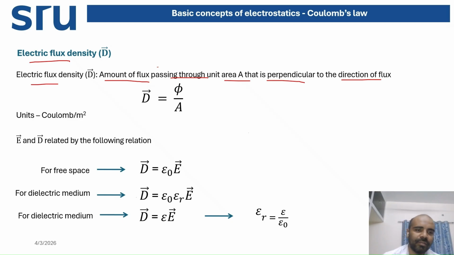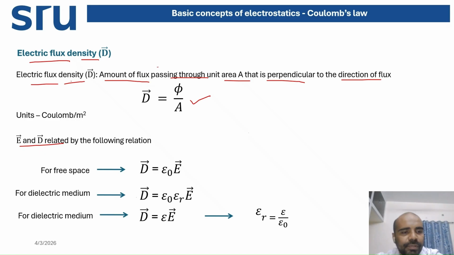So D equal to phi by A. So this is the definition of electric flux density. So electrical flux density is basically the amount of flux passing through a unit area that is perpendicular to the direction of flux. So D is called the electrical flux density, right? Which is equal to phi by A. So this is the relationship.